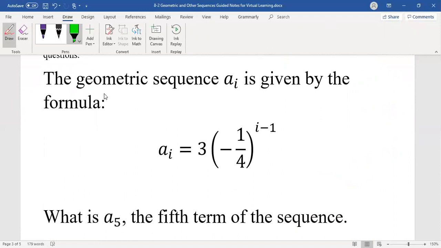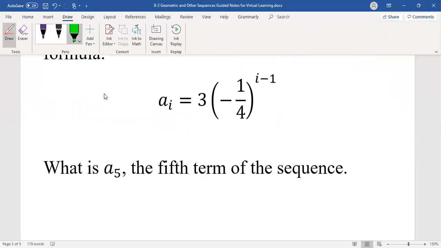Okay, so we have a geometric sequence given by the formula Ai equals 3 times -1/4 to the i minus 1. And it's asked us to find the fifth term of the sequence. So what we do is we just plug in 5 for i.